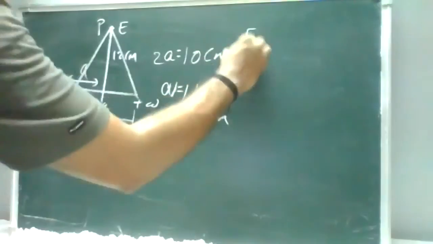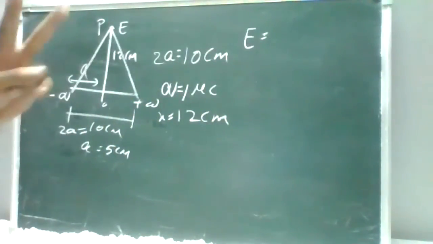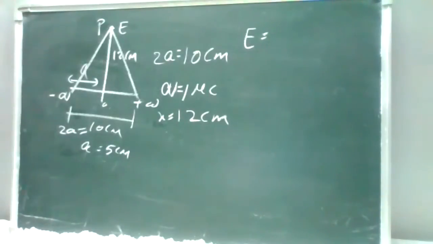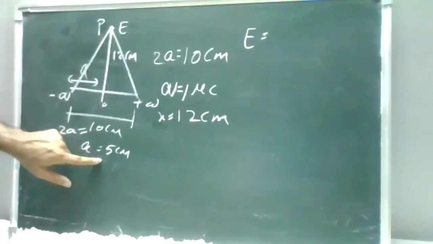What is the formula for E? There are two formulas, look carefully. One is the basic formula, and the other is for x much greater than a. Here x is 12 centimeters and a is 5 centimeters.